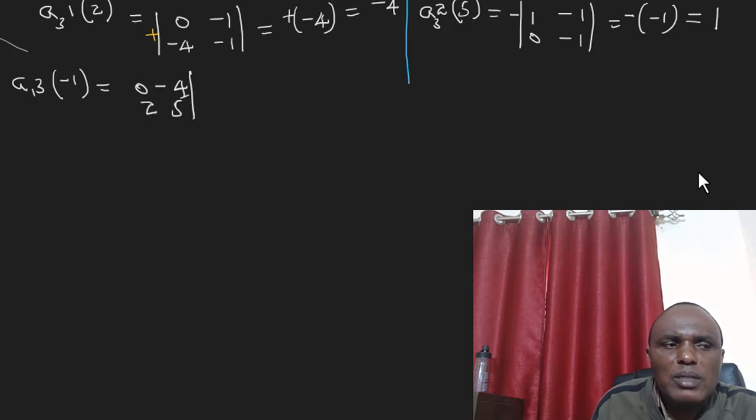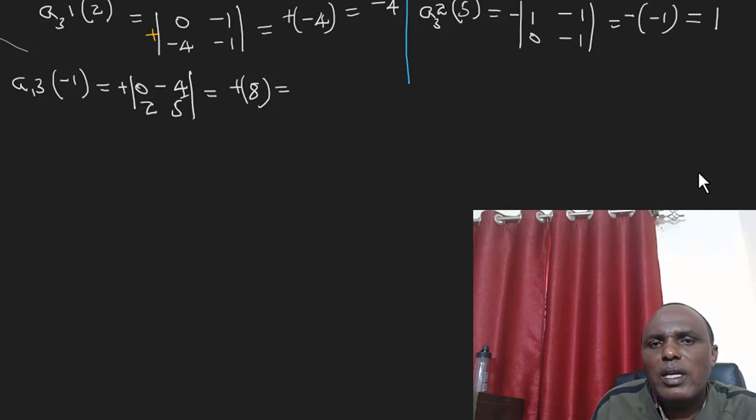We get the determinant of that matrix, and the sign here is positive. 0 times 5 is 0, 0 minus negative 8 gives 8, so this is 8. Then you place positive, and the cofactor is 8.